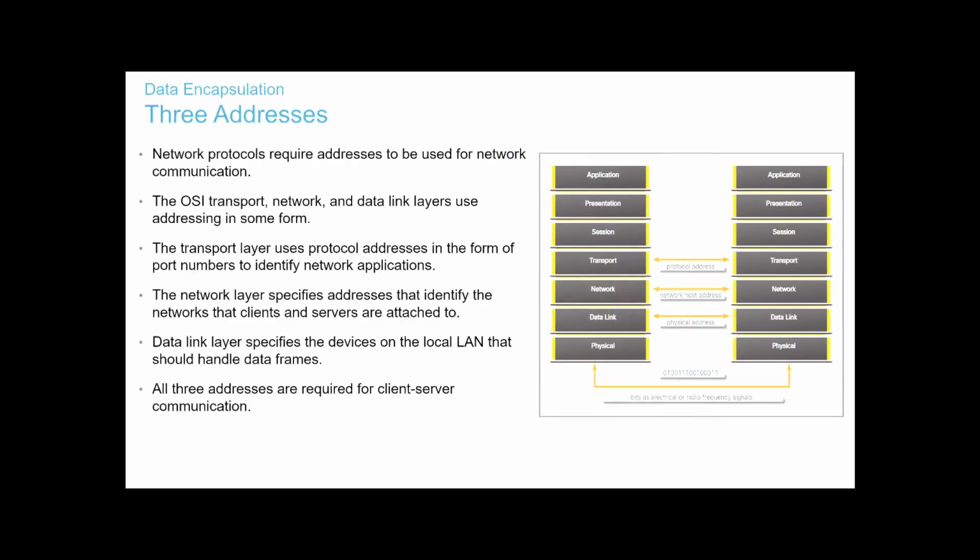And as I just pointed out, here are the electrical or radio frequency signals. This is the medium, or physical. Then it goes up to the data link, which is the MAC address. There's the network layer, with both source and destination, depending on whether you're encapsulating or decapsulating.